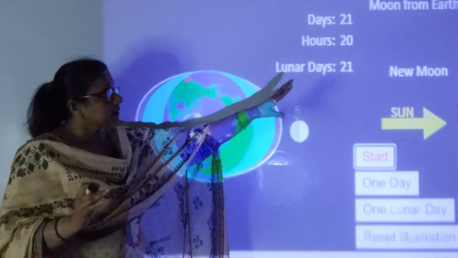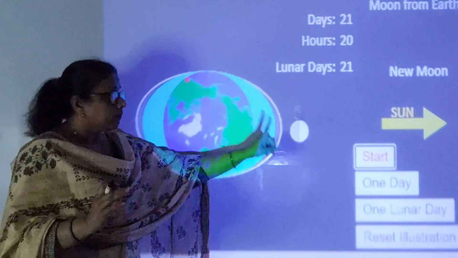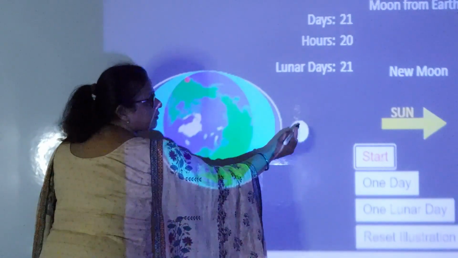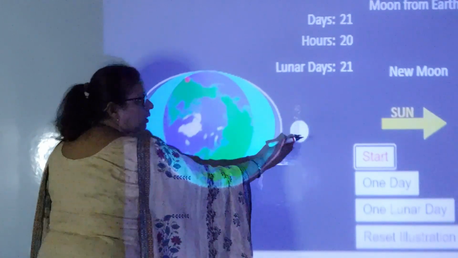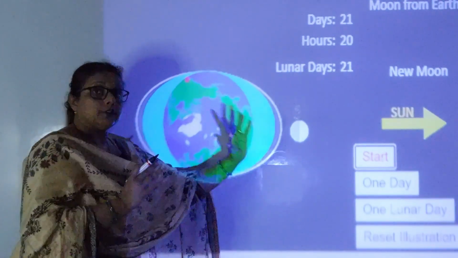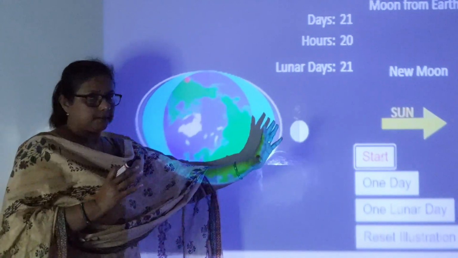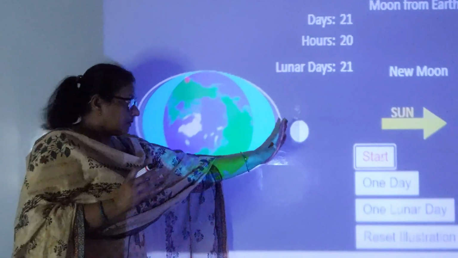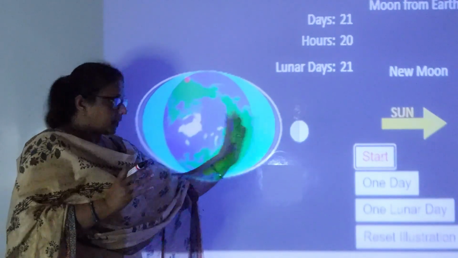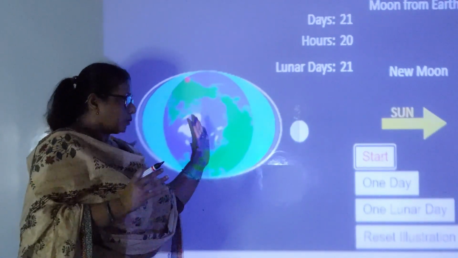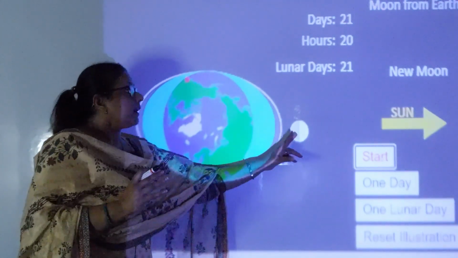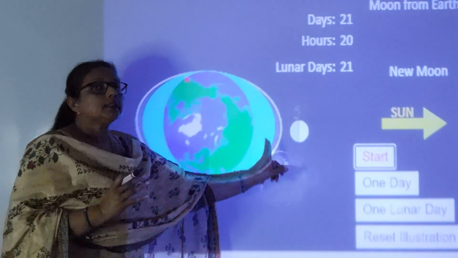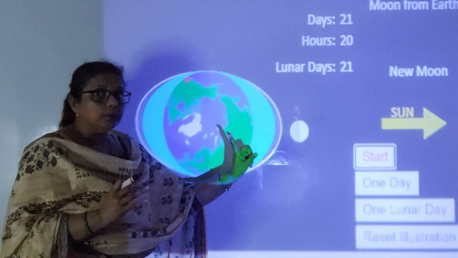You can see in the corner, nothing is visible. Why is nothing visible? Because the sun's light is falling on the disk of the moon which is not visible to the earth. Only this part which is reflecting is towards the earth, while the one which is lighted is actually towards the sun. So we call this position the new moon.